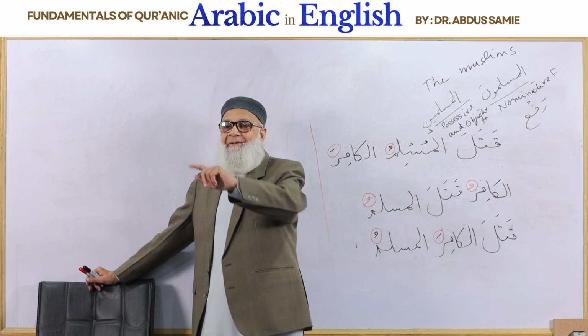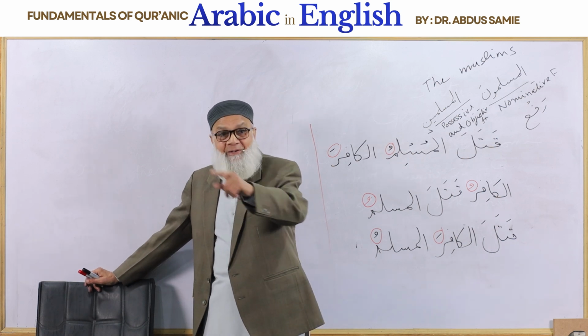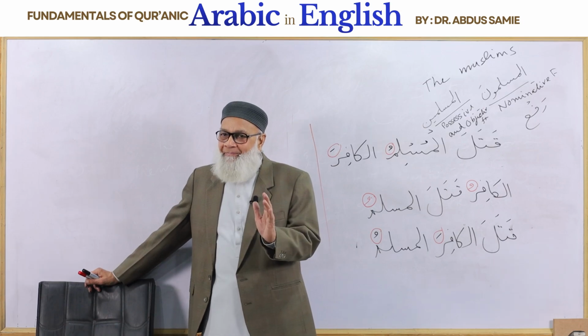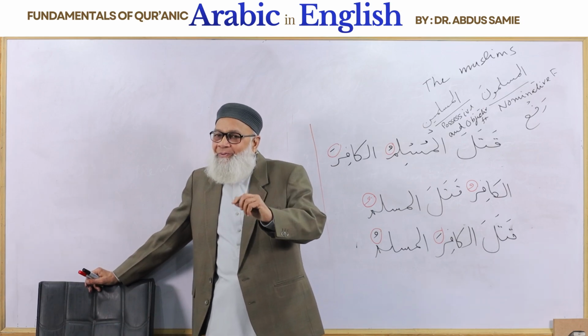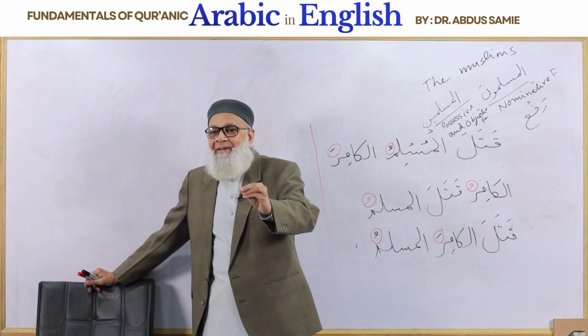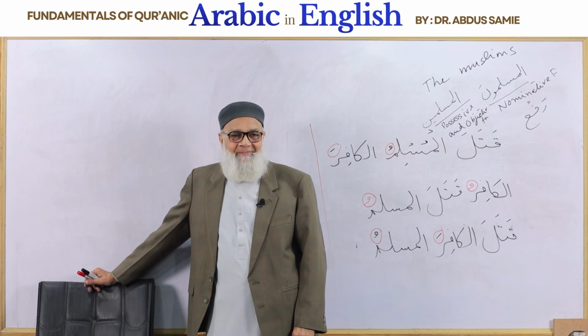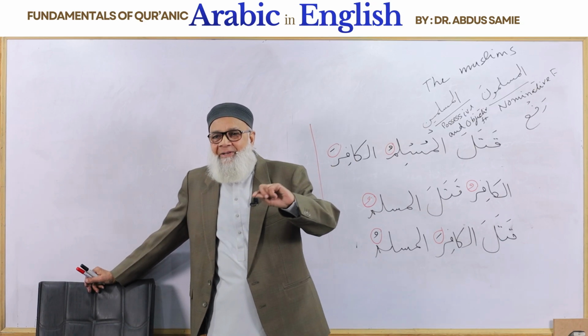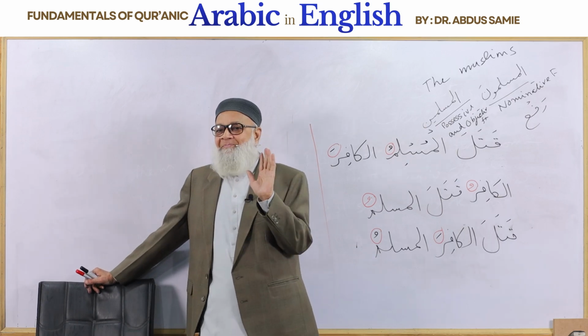Kill, killed, killed. But go is go, went, gone. There is no rule. It is the idiom of those whose mother tongue is English. Likewise, the idiom of the Arabs is the Arabic language.